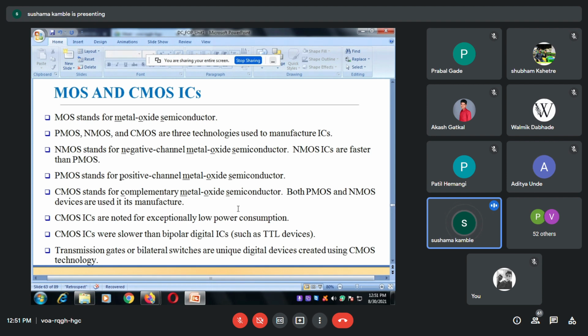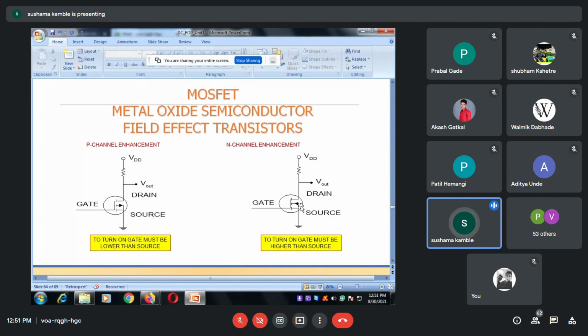That it consumes low power. Okay. So there is low power consumption, and they were slower than bipolar digital ICs, but some advances have been made, so the speed is improved. Nowadays CMOS is more preferred than bipolar transistors.